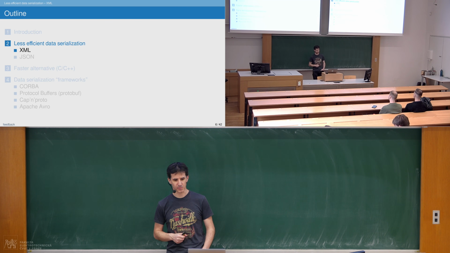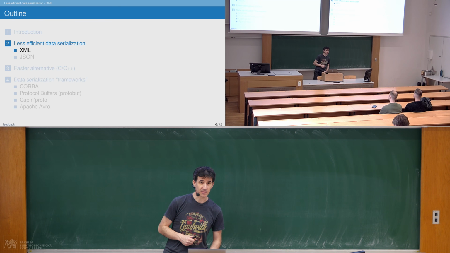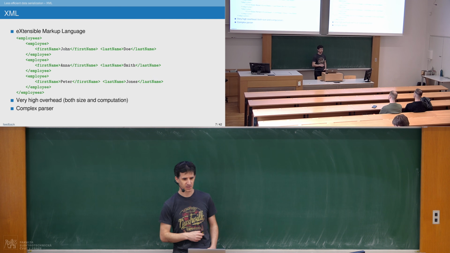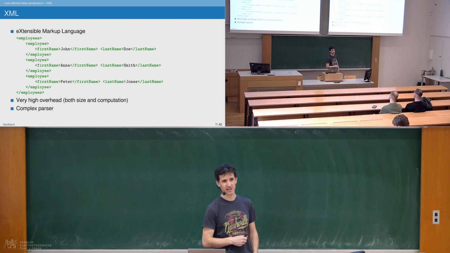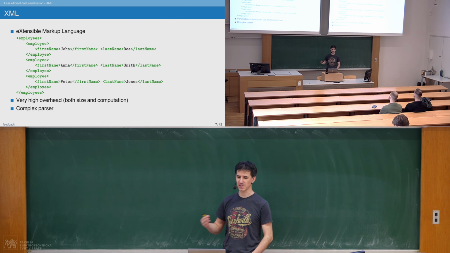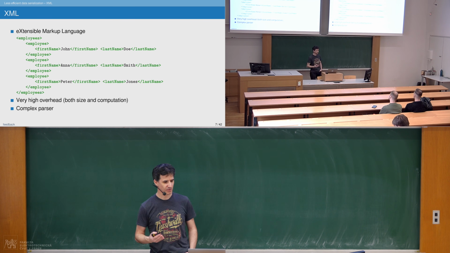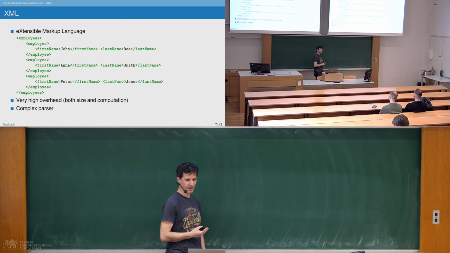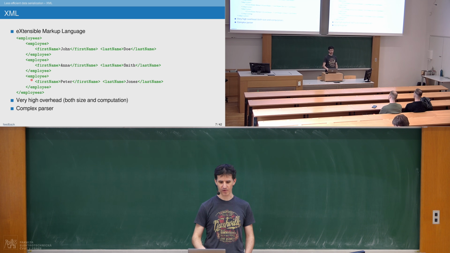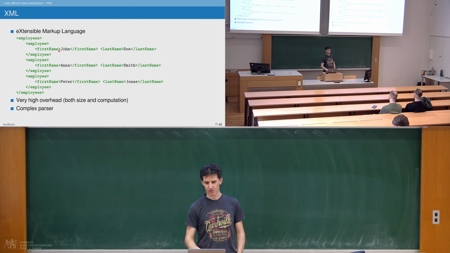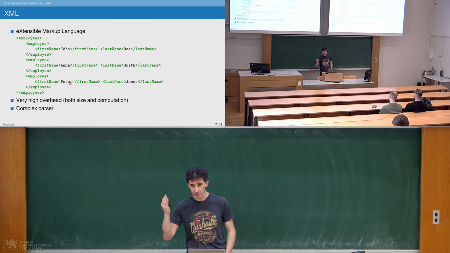So we will start with some not very efficient data serialization frameworks. Perhaps the most inefficient way to serialize data is called XML. I guess you have heard of it. Let's say you have some address book of employees of your company. You have 3 employees, John Doe, Anna Smith, and Peter Jones.